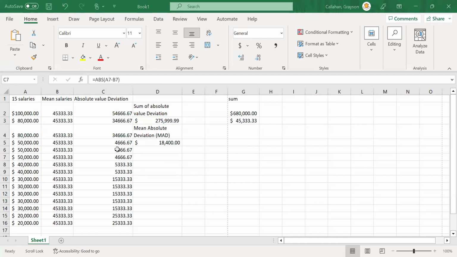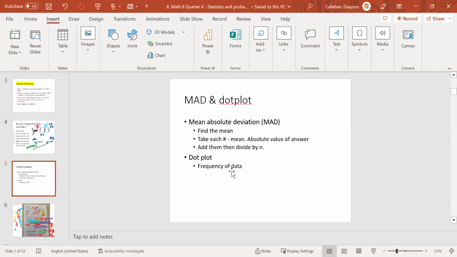Let's do a frequency plot for this. You ready? Okay. So here are your salaries.